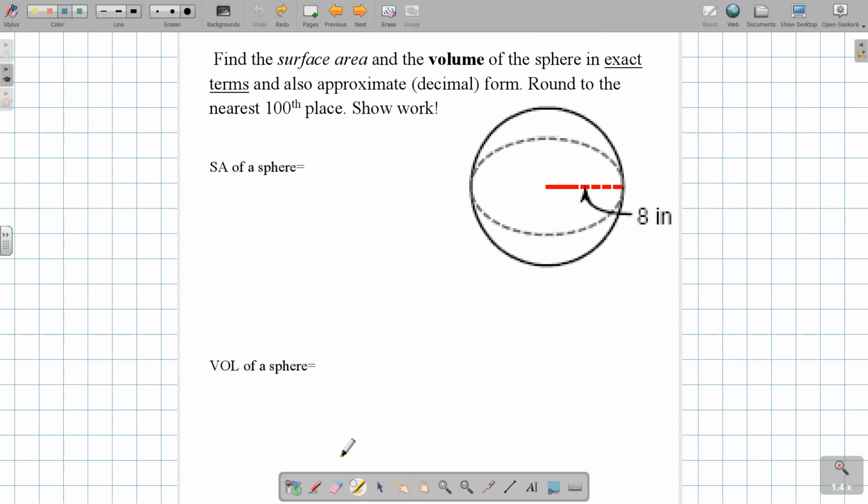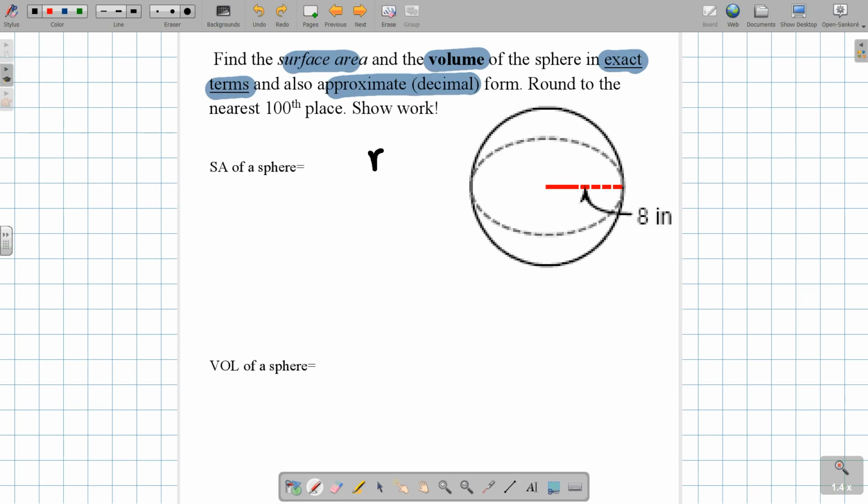We're going to find the surface area and the volume of the sphere in exact terms and also approximate decimal form. So we're going to do both forms. Exact means pi form, approximate is decimal form. So let's start by writing our equations.